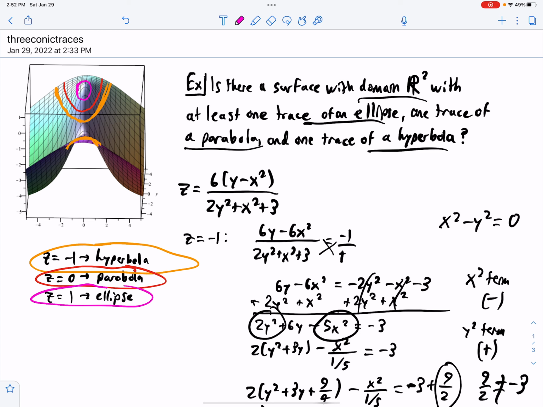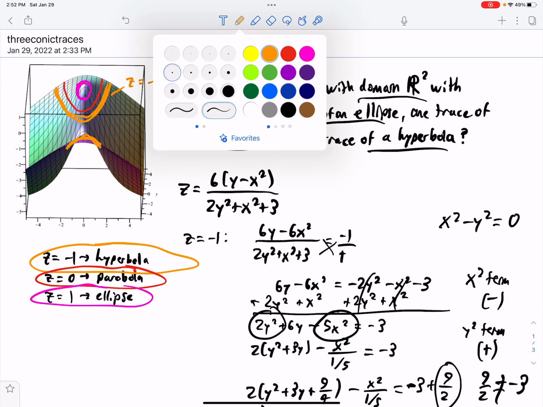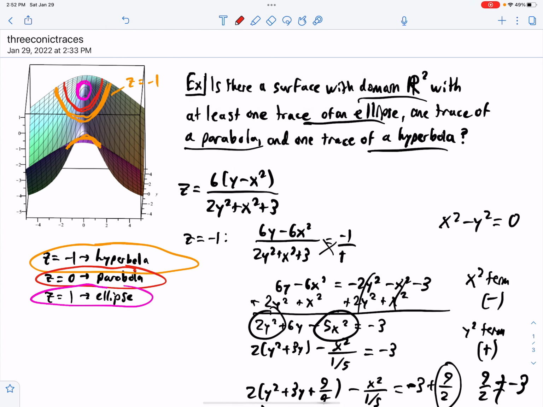So this is an interesting curve here with domain all real numbers, that at z equals -1, we got a hyperbola trace. Z equals 0, we've got a parabola trace. And z equals 1, we've got an ellipse trace. So a fascinating little curve there.